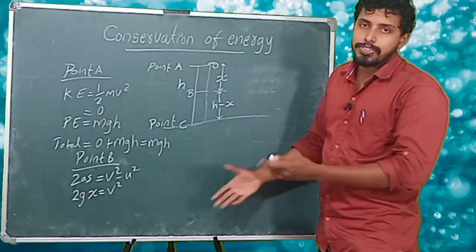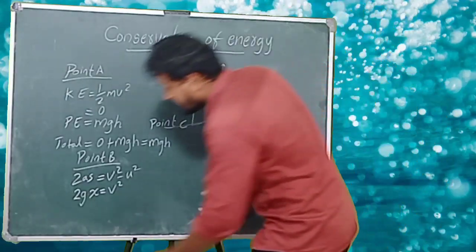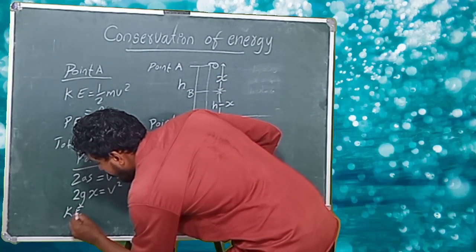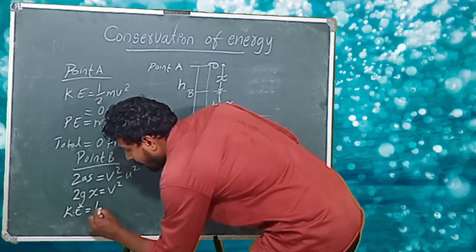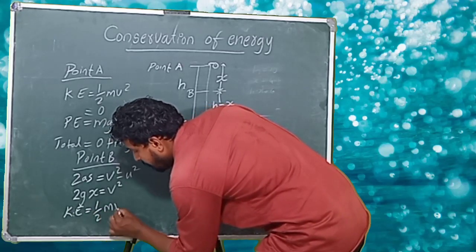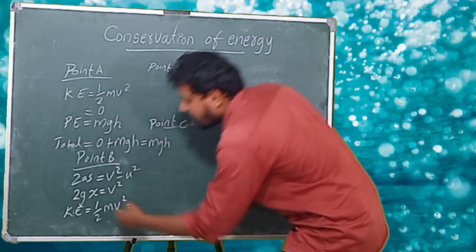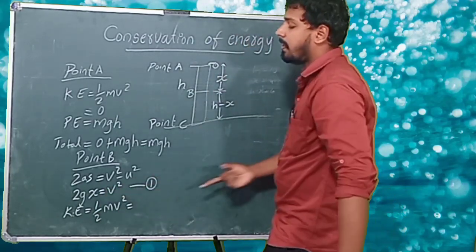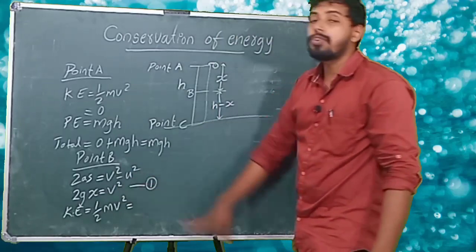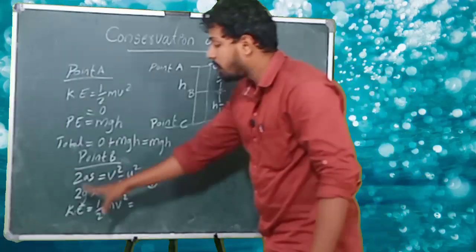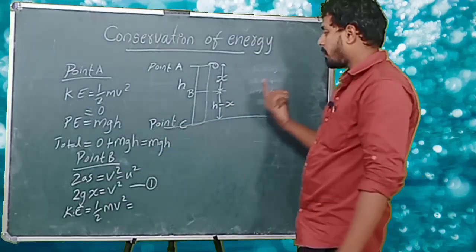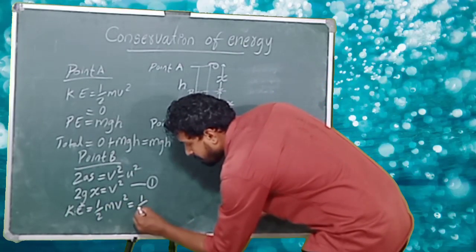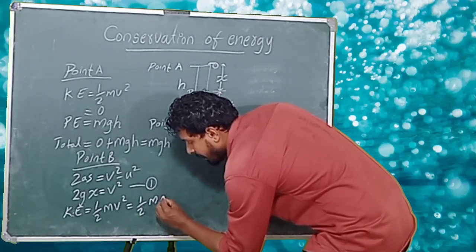Then we will calculate the kinetic energy. Kinetic energy equation is half mv square. What is it? v square equation, 2gx is equal to v square. B square തുല്യമാണ് 2gx എന്ന് പറയുന്നത്. ഓക്കേ, നമുക്ക് ഇവിടെ കിട്ടി.